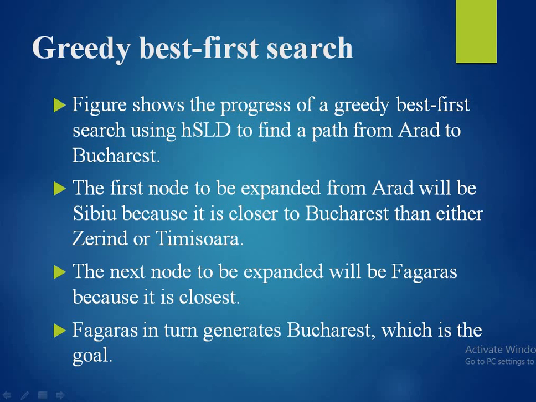The first node to be expanded from Arad will be Sibiu, because it is closer to Bucharest, as we have seen earlier. Then either Zerind or Timisoara. The next node to be expanded will be Făgăraș, because it is closest, and Făgăraș in turn generates Bucharest, which is the goal. So our goal is to reach Bucharest starting from Arad.